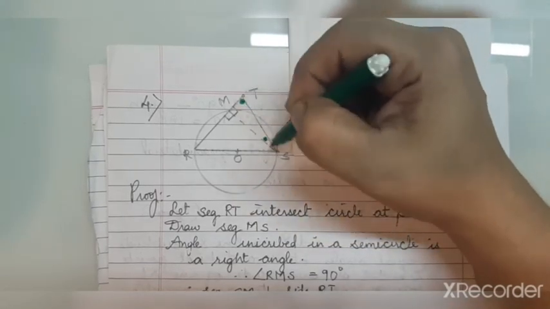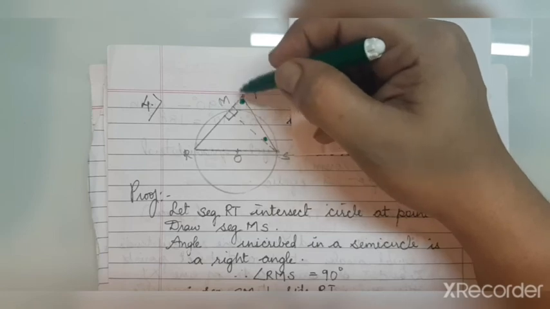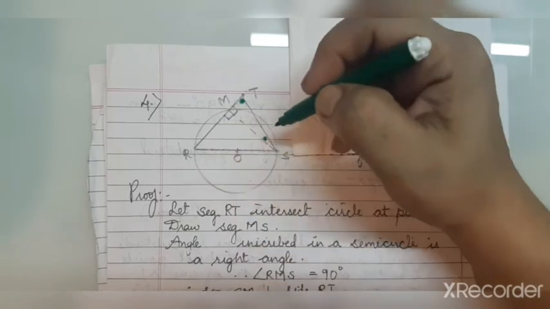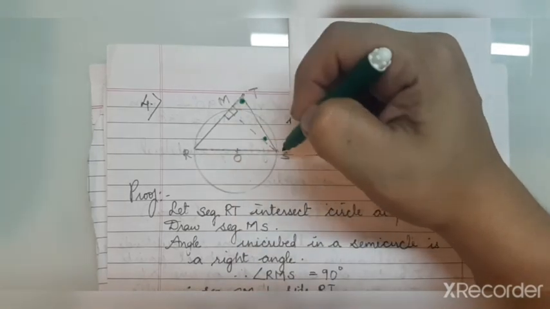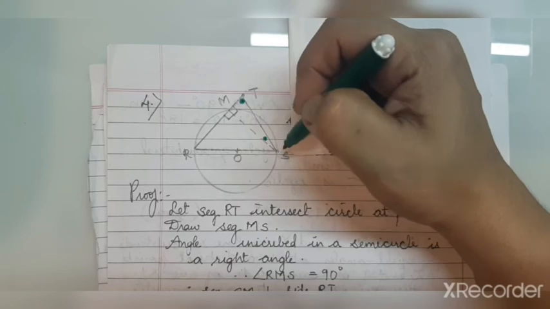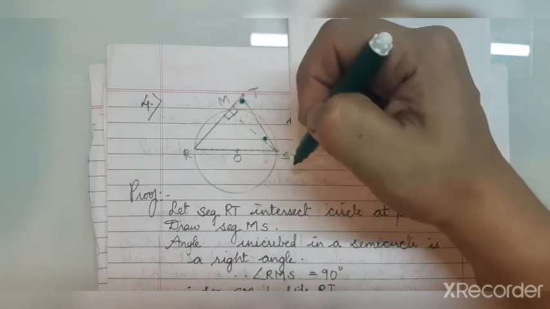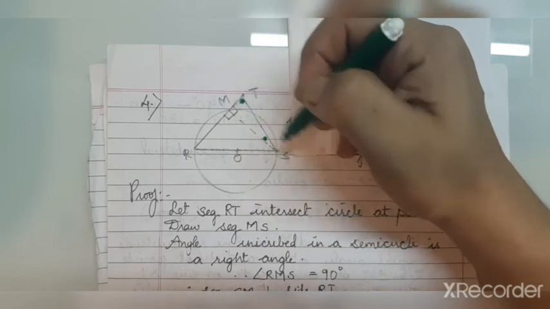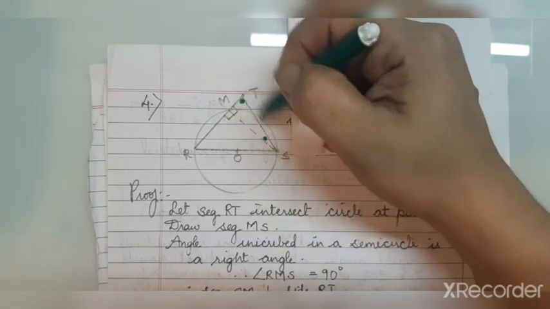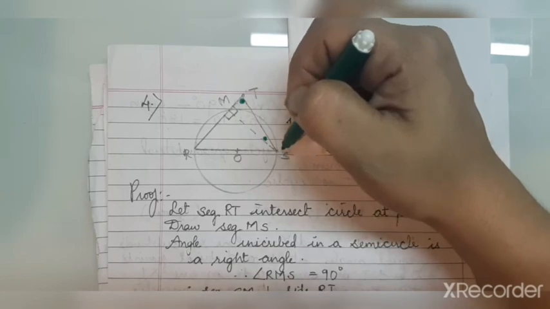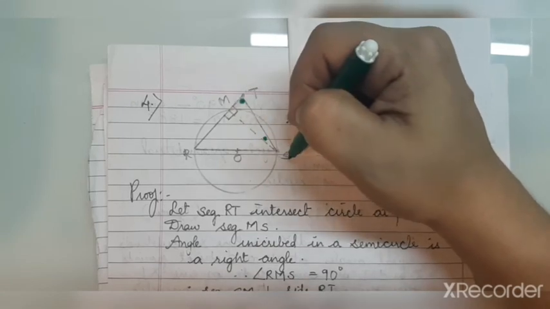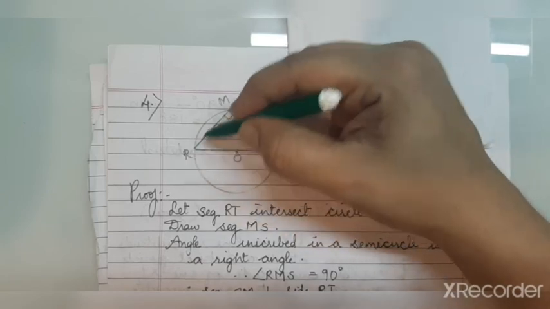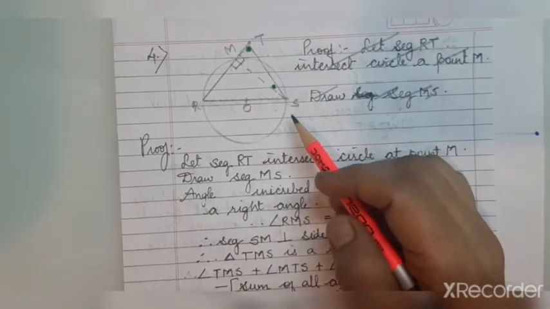If their addition only is 90 degrees, therefore they both have to be less than 90 degrees. And therefore we prove that angle MTS is less than 90. If MTS is less than 90, that means RTS also is less than 90 because MTS and RTS are one and the same angle.